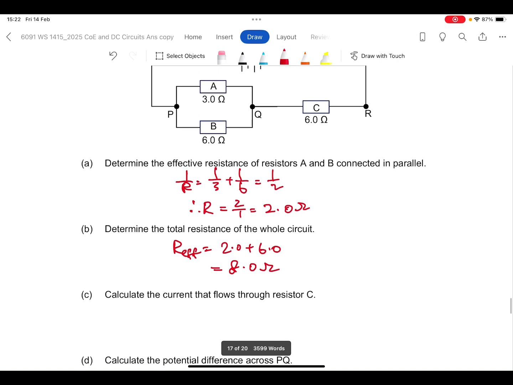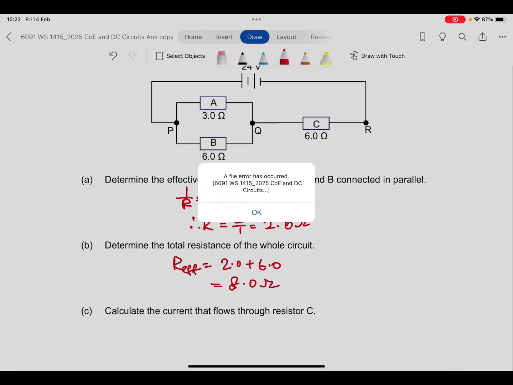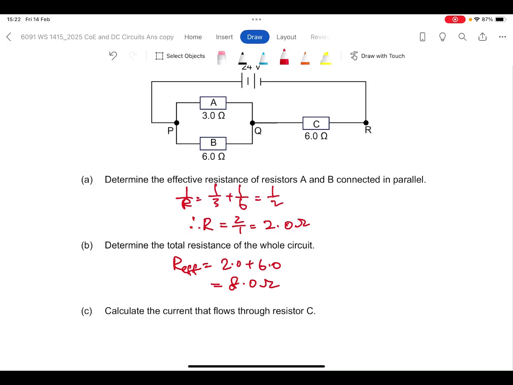Calculate the current that flows through resistor C. To find the current that flows across resistor C, we are finding the total current in the circuit, the main current.